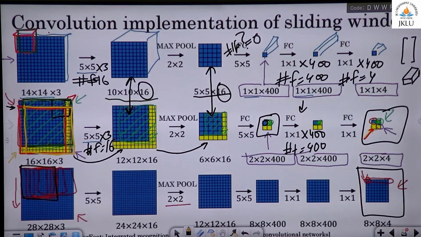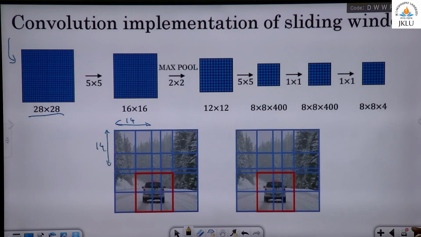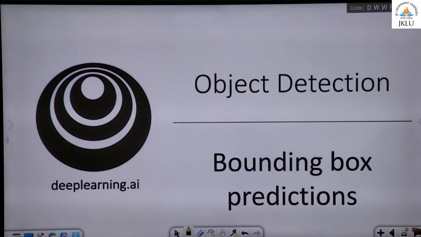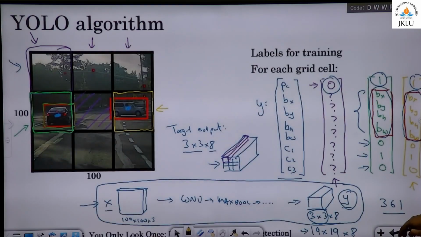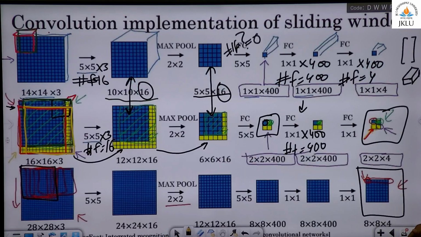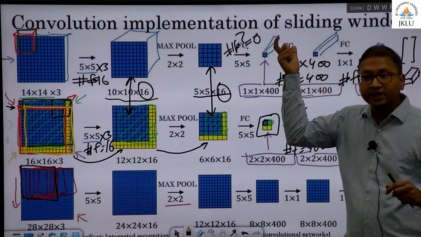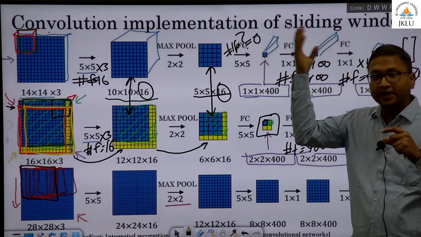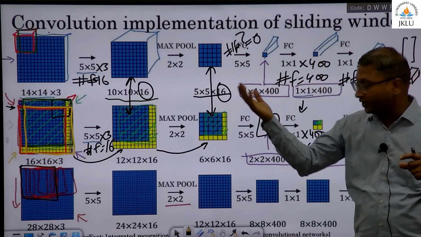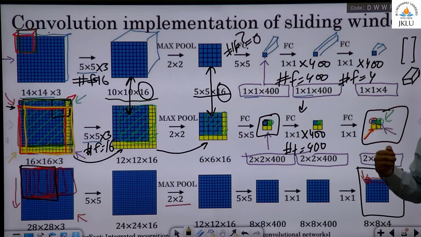Questions here? Right. So is this fine? So in the convolution implementation, by not writing vectors here and by simply writing volumes, we have decreased a lot of computation.